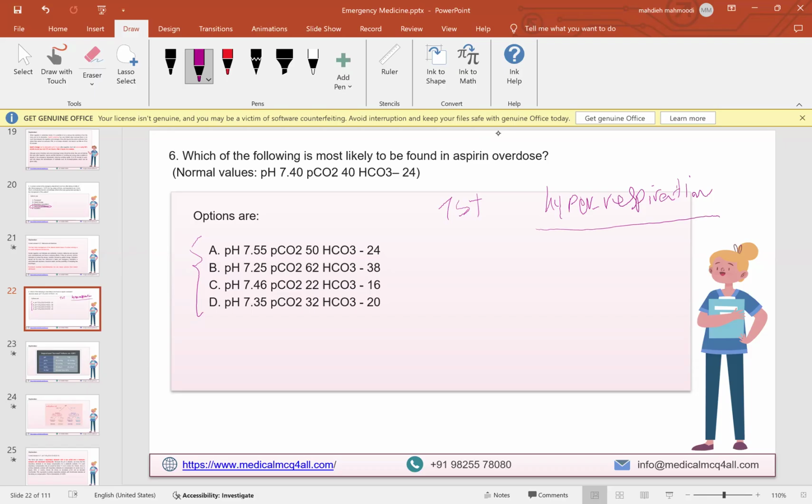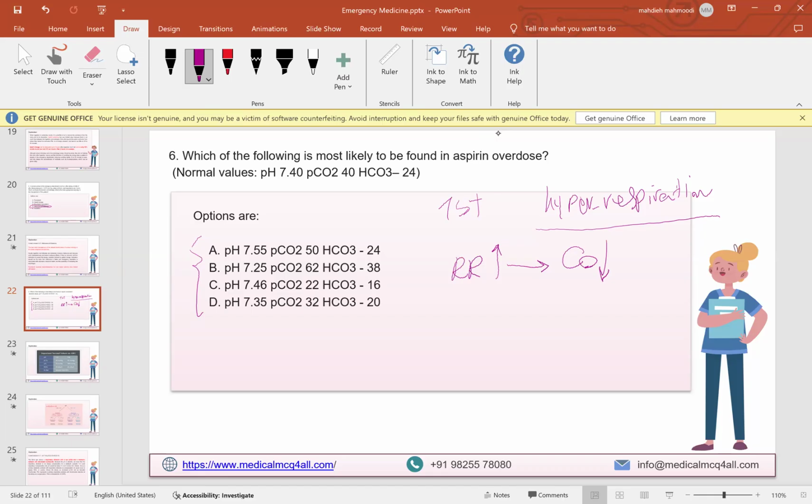In the earliest stages, the acetylsalicylic acid affects your brain directly and causes hyperrespiration. When it causes hyperrespiration, what happens? CO2, you're going to wash out the CO2.